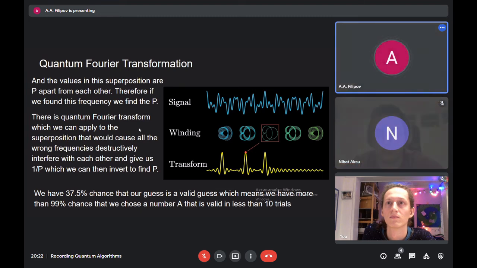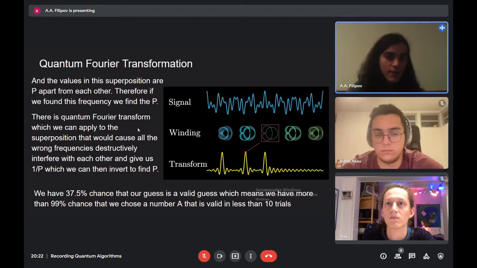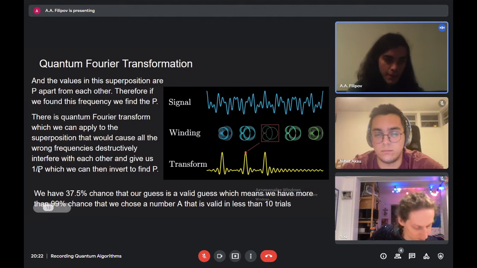And we can use the quantum Fourier transformation, which you can apply to the superposition, and it will cause all the wrong frequencies to destructively interfere, leaving us only with the frequency 1 over p, which can be inverted back to p.